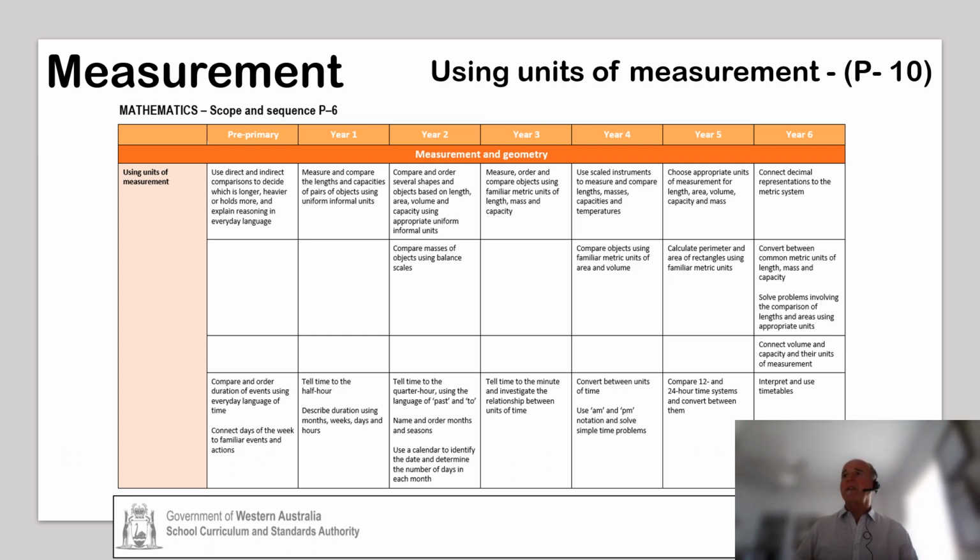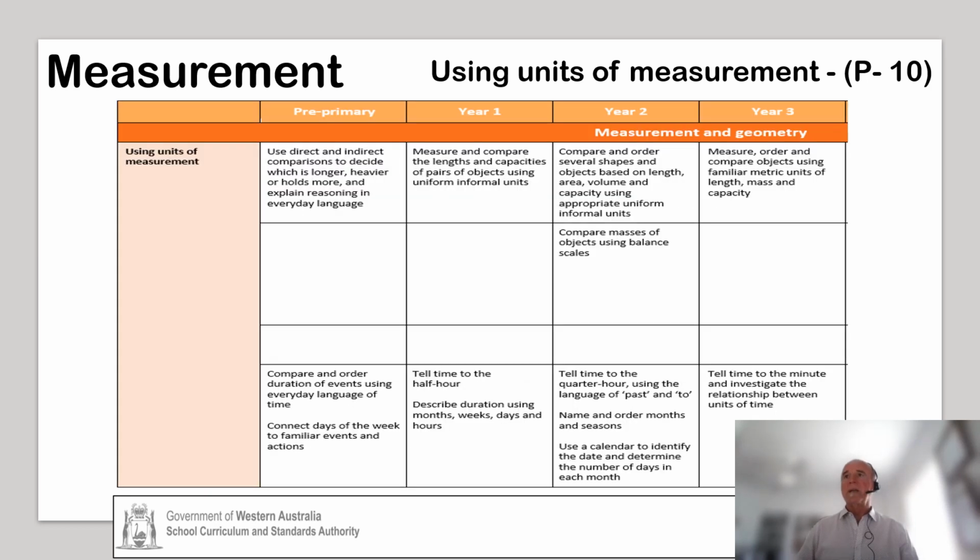And then in year 3, measure, order and compare using metric units of length, familiar metric units. Whereas up to there's no need for them to be using necessarily the formal metric units. So all those early childhood years, we're using non-standard units and informal units to get the idea of what measurement looks like before we start to introduce those formal standardized units of measure.